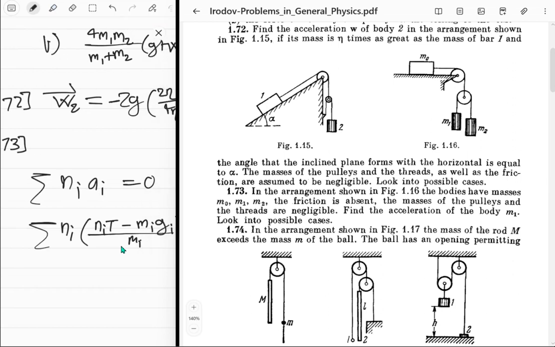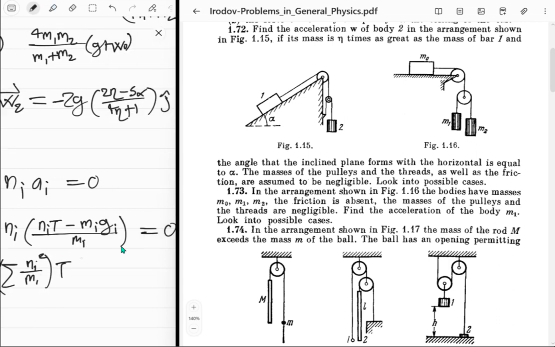So basically, it's summation of ni squared upon mi, this thing times t is equal to summation of gi. That gives us the equation directly. So just get the tension. Once you have it, we can figure out all of the accelerations.